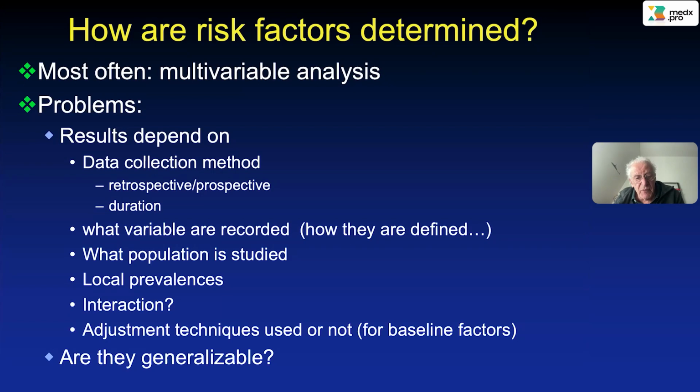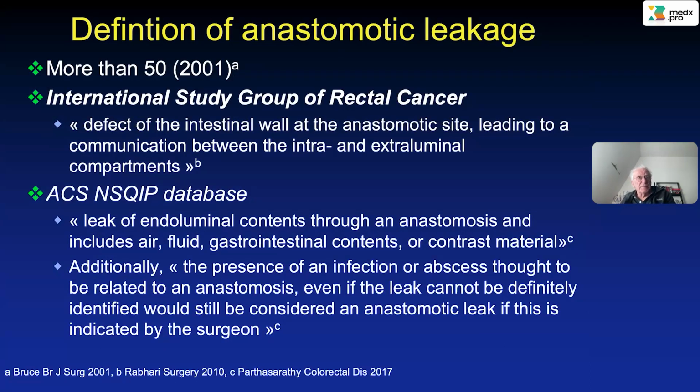Anyhow, we do talk about risk factors, and they are important. There's another problem when we talk about risk factors for anastomotic leakage and the rates of anastomotic leakage, because there are more than 50 definitions of anastomotic leakage.